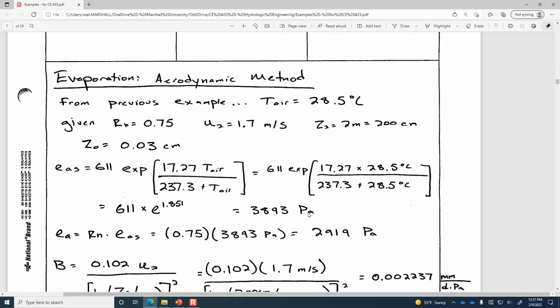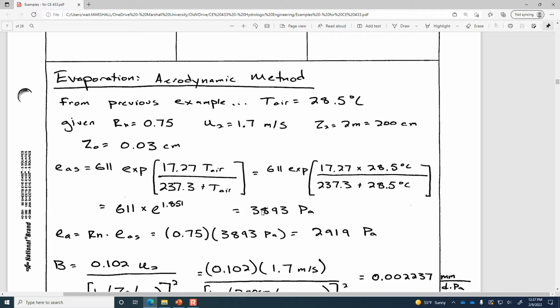And you can think of it as a partial pressure. And remember, typical atmospheric pressure is 101,000 pascals. And so this is saying that at an air temperature of 28.5 degrees Celsius, if 101,000 pascals is the overall air pressure, 3.8 kilopascals would be water.